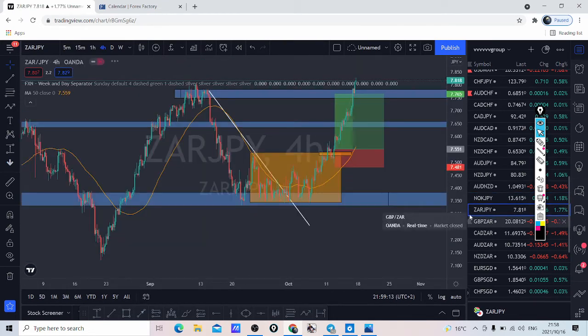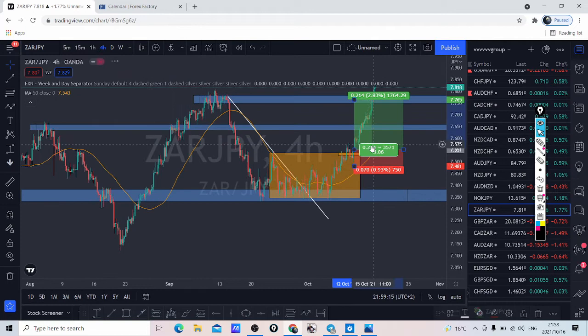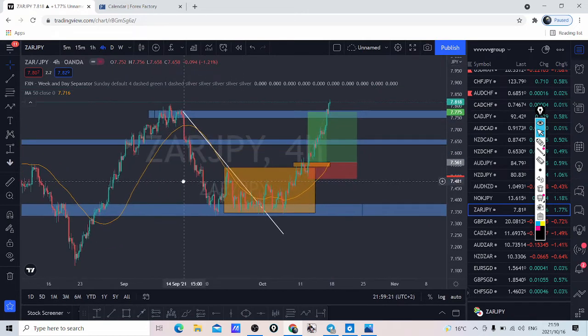ZAR JPY, this one I didn't take the buy, but I was analyzing using this trading platform here. Just paper trading on most of my exotic pairs, because I'm trying now to include exotic pairs in my trading style.